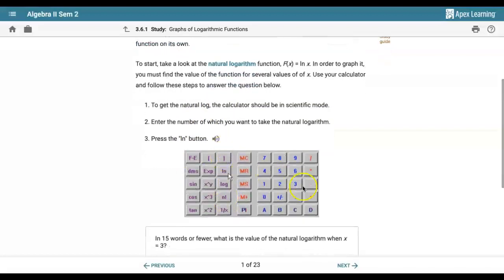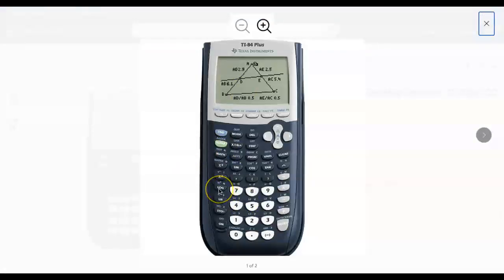It's kind of funny. The log base 10 is right there, and log base e, or our natural log, is right there with that ln button.